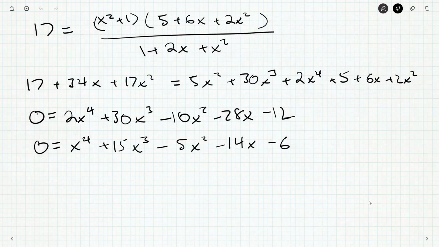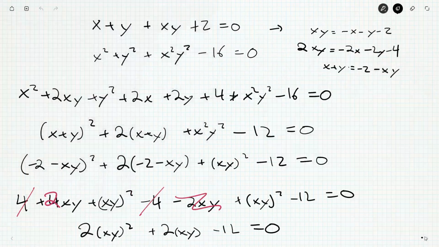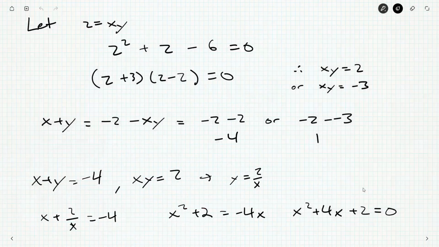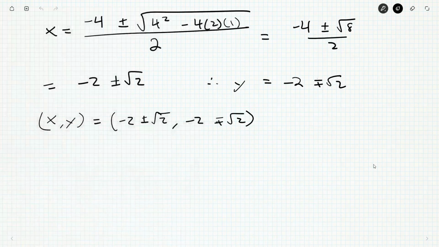If I did polynomial division, I bet you it would. Okay, so that gives me two solutions. And wouldn't you know, we are going to have 4 different solutions for x. That's nice. So our other possibility is x plus y is 1, xy is negative 3.